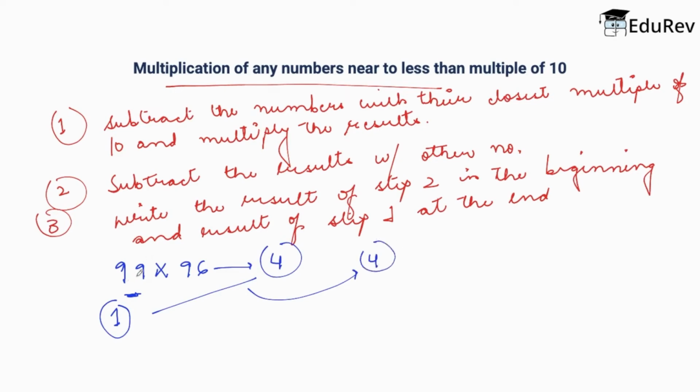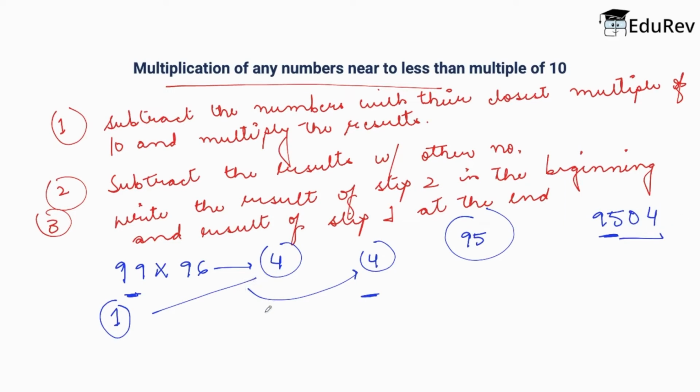Now when I subtract 4 from 99, it will be 95. Similarly, when I subtract 1 from 96, it will again be 95. That is, I have 95 and 04 as the multiple. So I just have to write it like this: 9504.